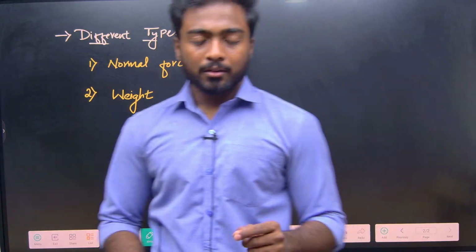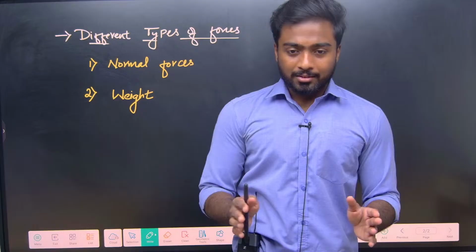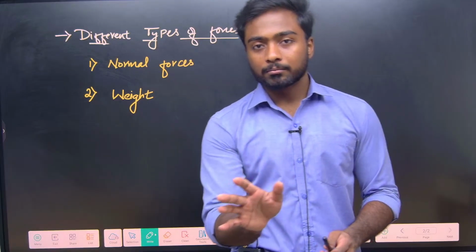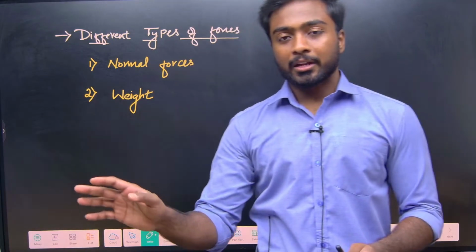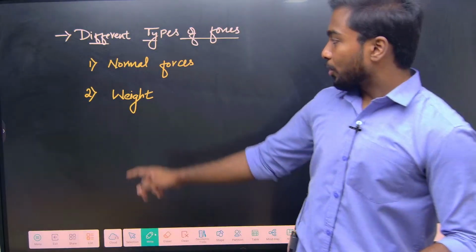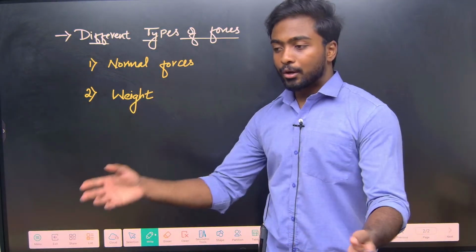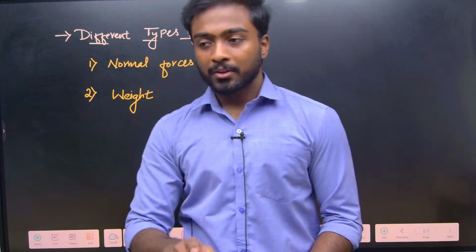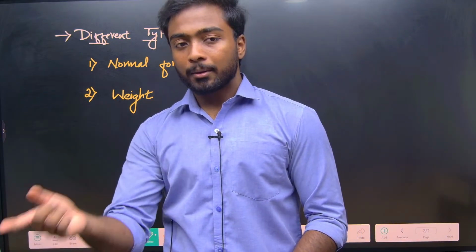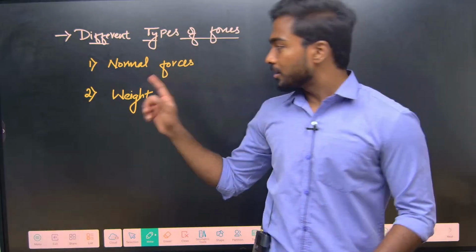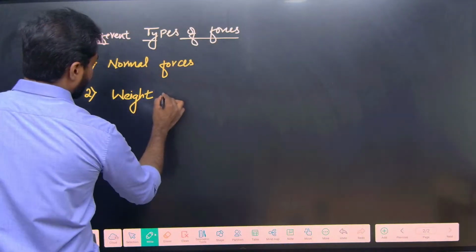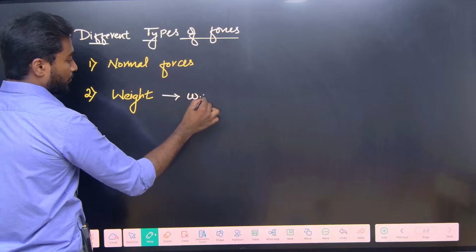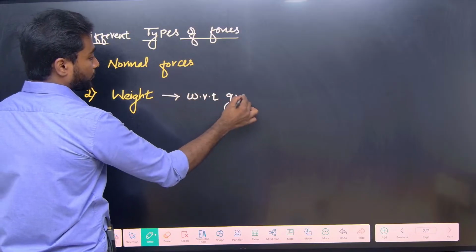Center of the earth. When you are talking about mass, mass is nothing but only a number, 10, 20, 30 like that. But when you are talking about the weight of the object and the mass of the object, both are different. Weight of the object is different, mass of the object is different. Weight we talk about with respect to gravity.